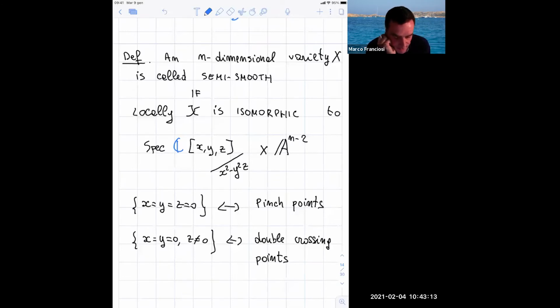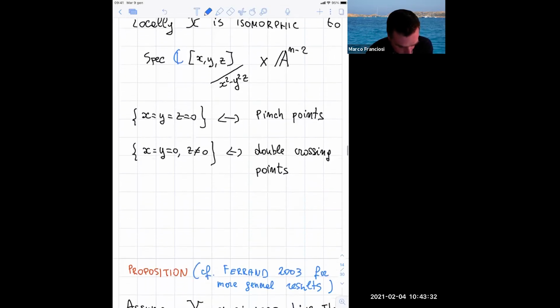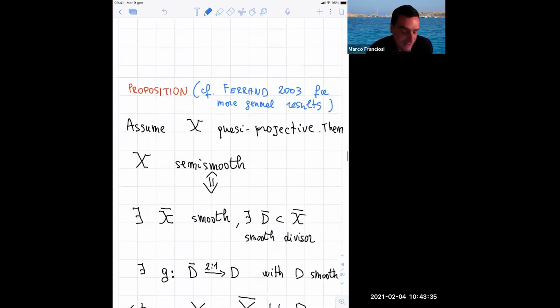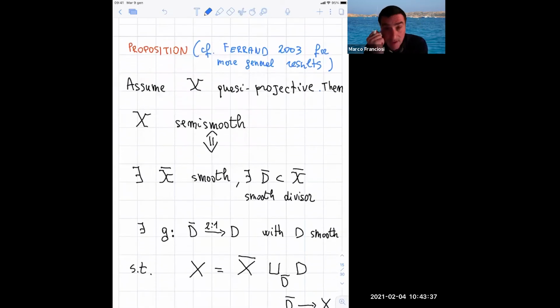So we have this pinch point surface cross A^(n-2). The locus where x equals y equals z equals 0 corresponds to pinch points, and where z is different from 0, we have double crossing points. Such varieties in general were studied in detail by Ferrand in a more general context.